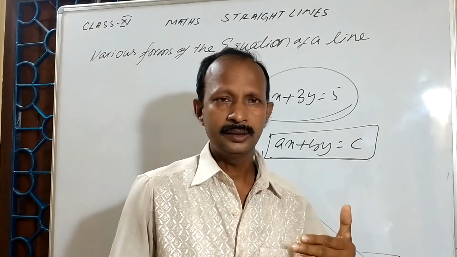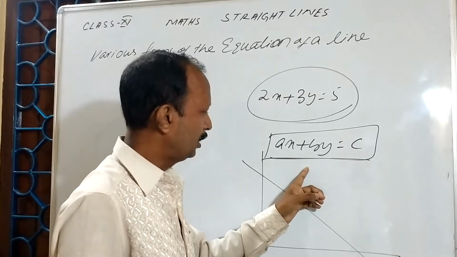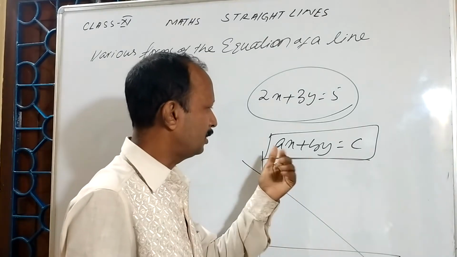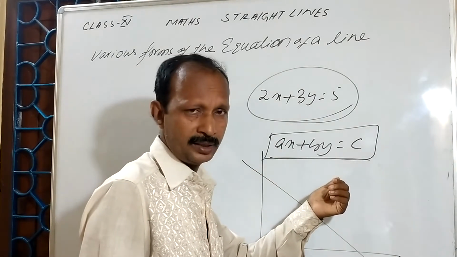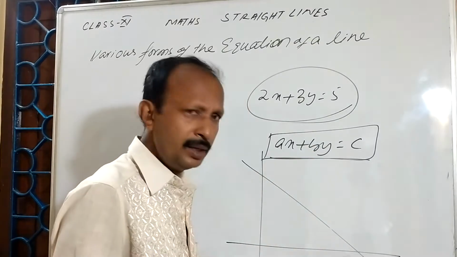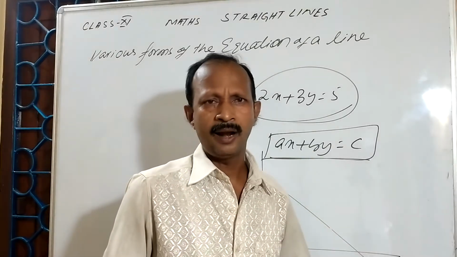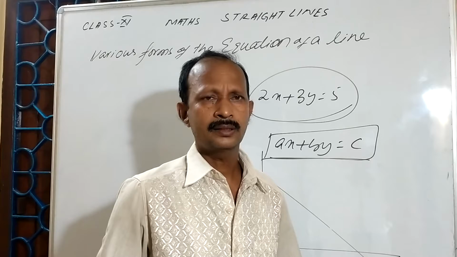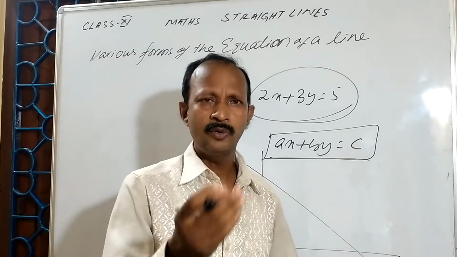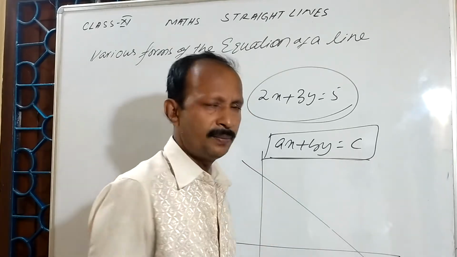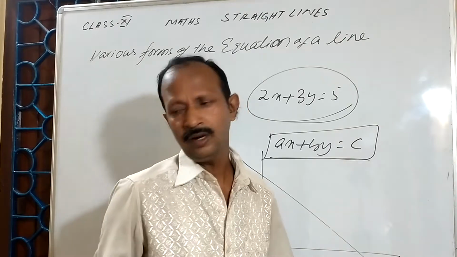Earlier you studied equation given, we'll take value of x something, we'll get y something, and we'll get a graph. But in this lesson, what I am going to say, a graph is given, how to find the equation of a line.